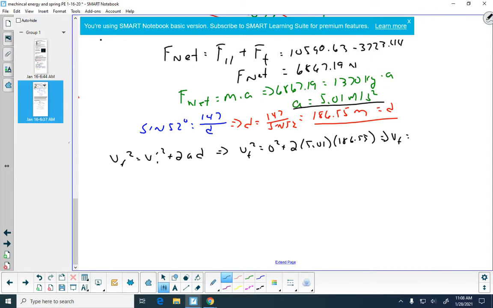Liam, what's your final velocity? 43.2 meters per second. If that's our final velocity, we can then find our kinetic energy: 1/2 mv squared.